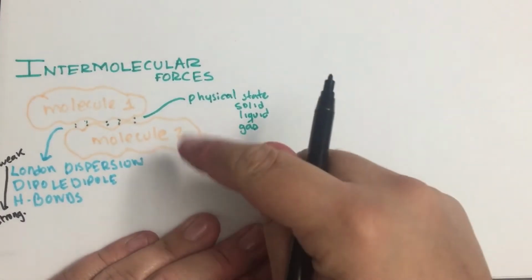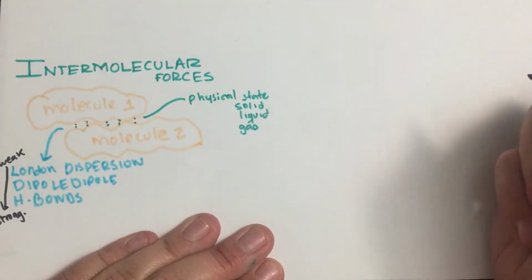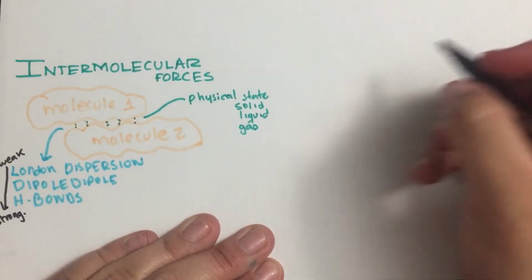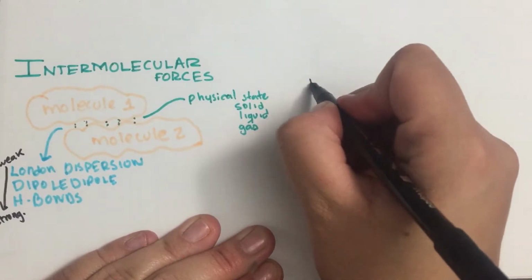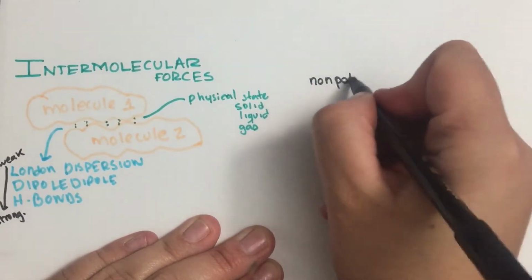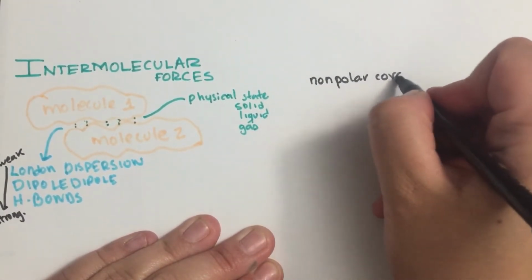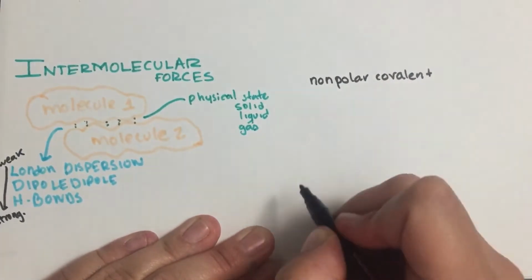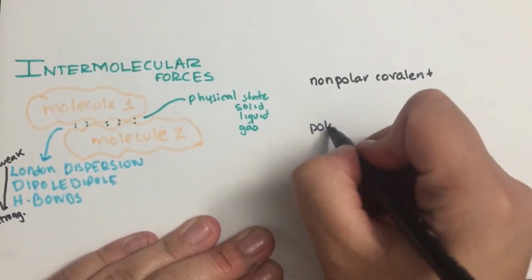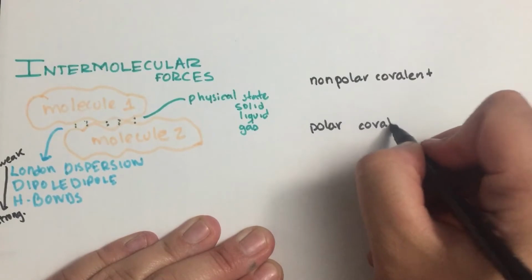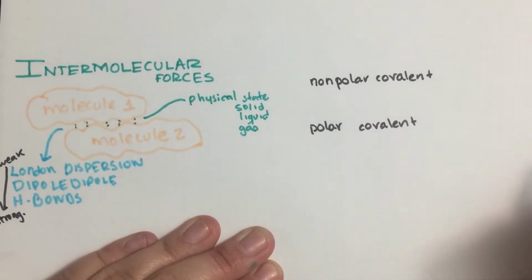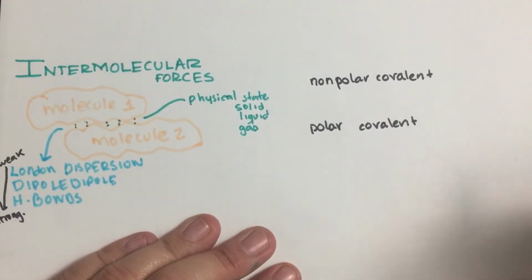So we said it comes hand in hand with the intramolecular bonds. Remember our intra, we had non-polar covalent, okay, we had polar covalent, okay. So what's going to happen here?